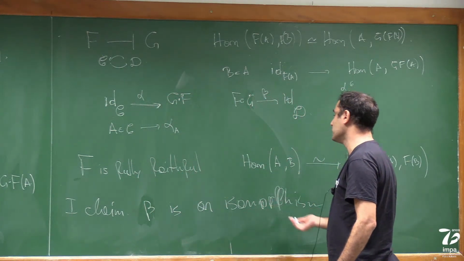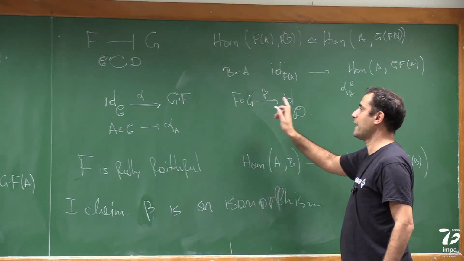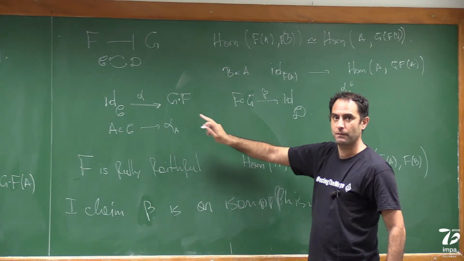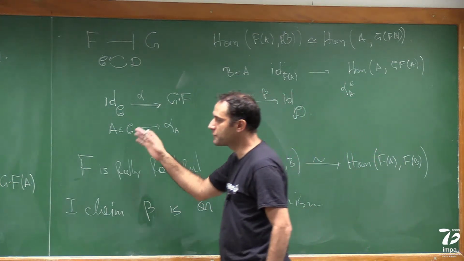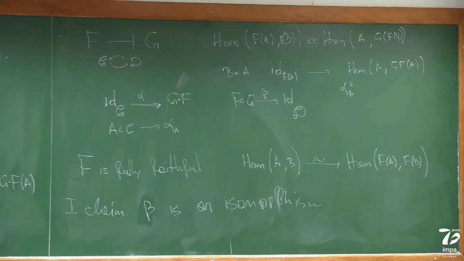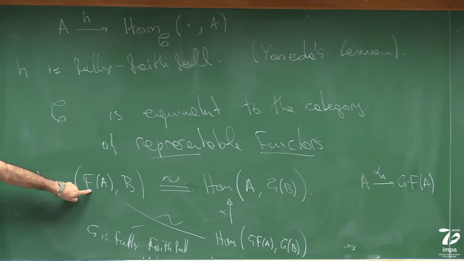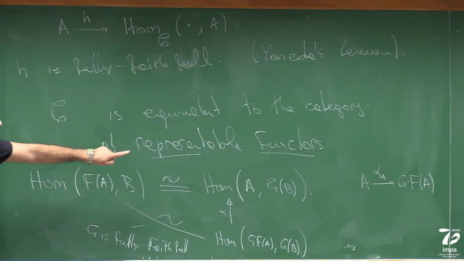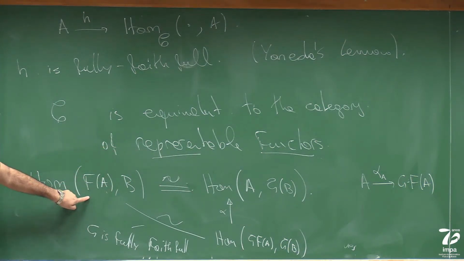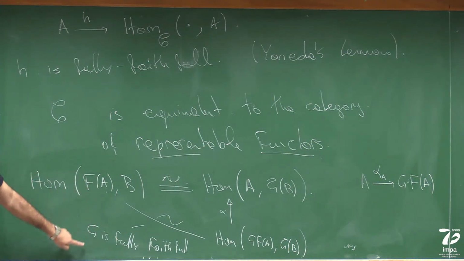And I just proved that if G is fully faithful, then alpha is an isomorphism. Okay? So the two proofs are exactly the same. It's just that if F is fully faithful, then I would have used a map from FGA to A, and then applied it here.